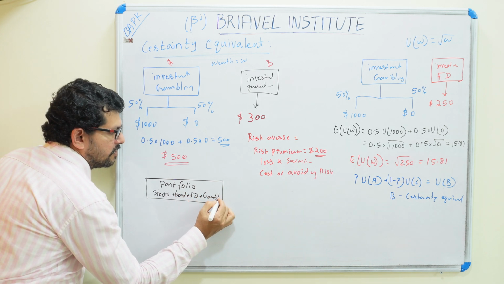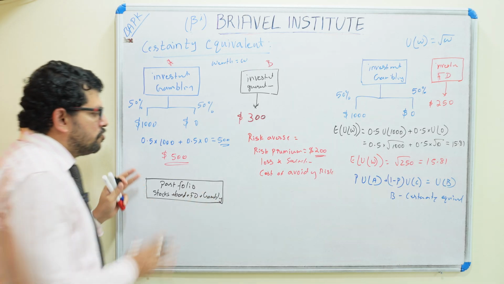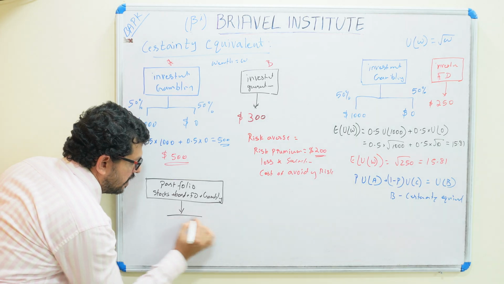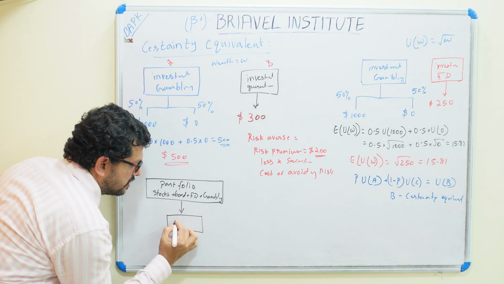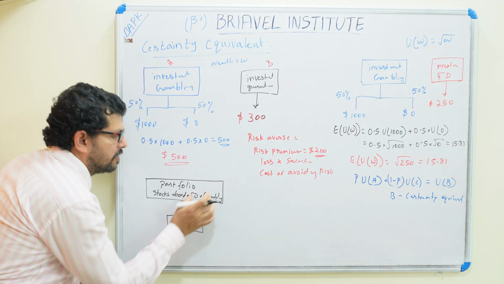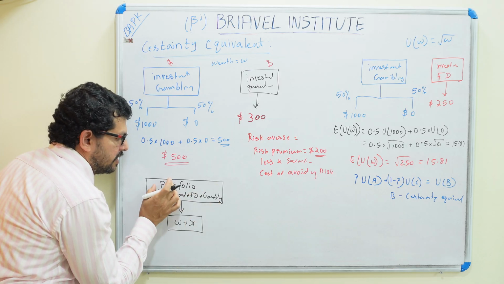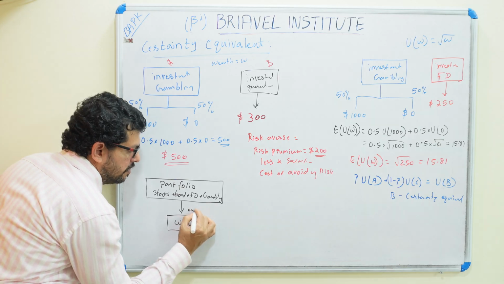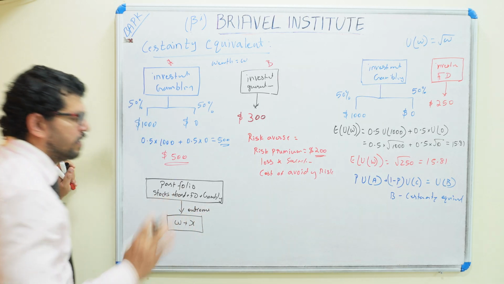Through this portfolio I am getting an outcome. My outcome is the wealth plus H, where H represents the gambling and wealth represents the other initial wealth. So my outcome is W plus H.